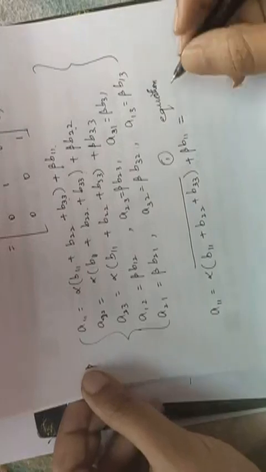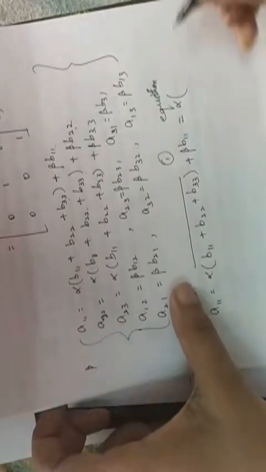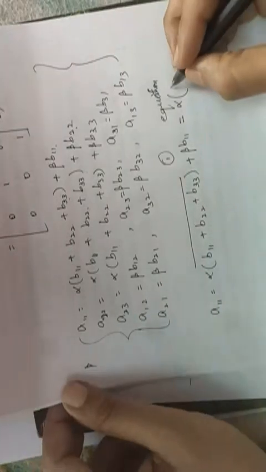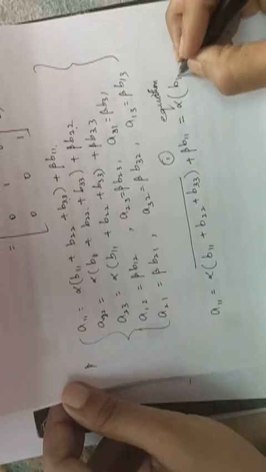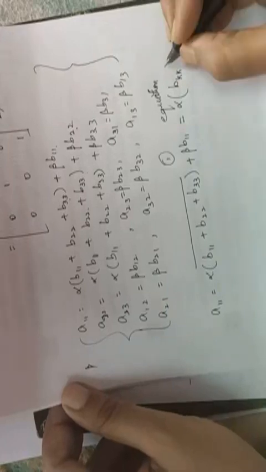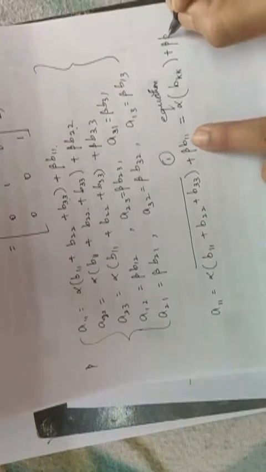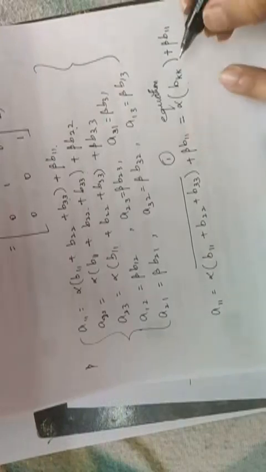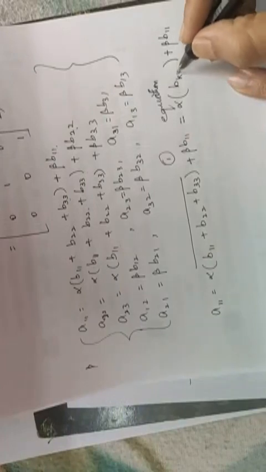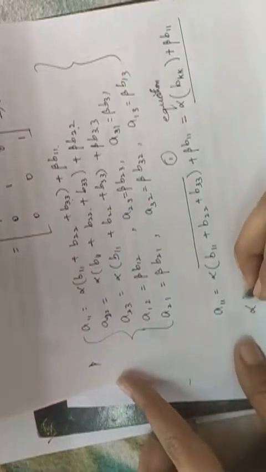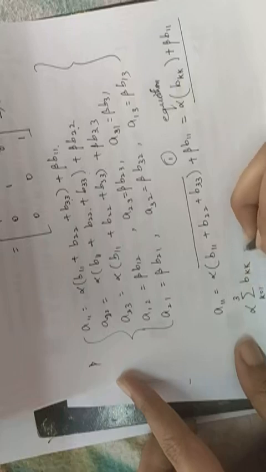I can write this as alpha, I will retain as it is. If I consider some suffixes here, I can write that as bkk, plus I will retain beta as it is and b11 as it is. So if I give values to k, I can write this as alpha into summation k is equal to 1 to 3 bkk plus beta b11, right?